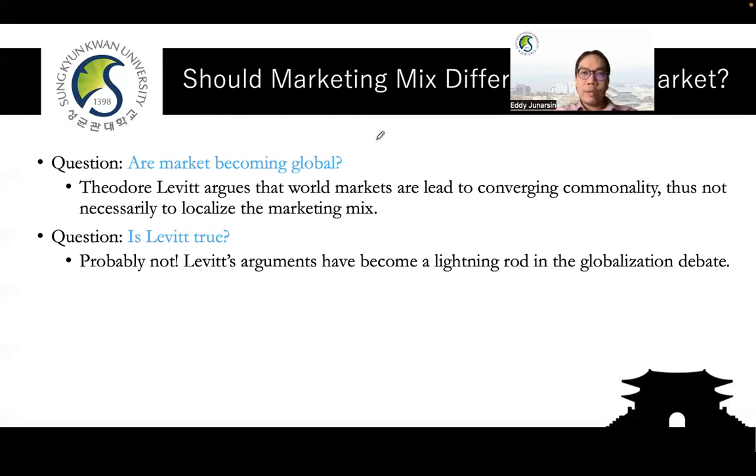So we still have to make decisions whether to adapt locally, how high the local responsiveness should be, and how high the global integration and cost reduction pressure would be. This is a highly debated discussion point that we don't really know the answer to, but we have to see the context in each case, in each product, in each company as well.